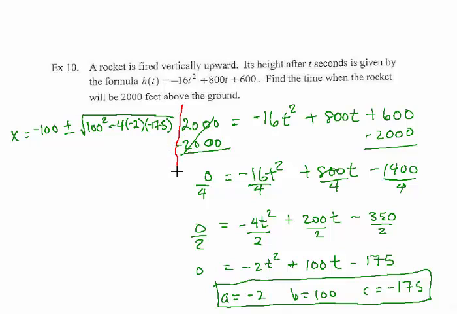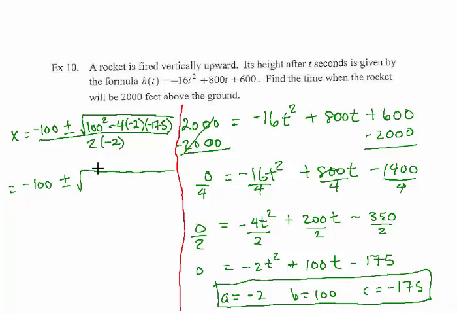Alright, so I'll separate all this so we don't get confused. And all of that needs to be over 2 times a negative 2. So t is minus 100 plus or minus square root. 100 squared is 10,000.